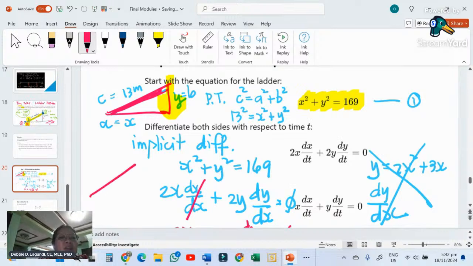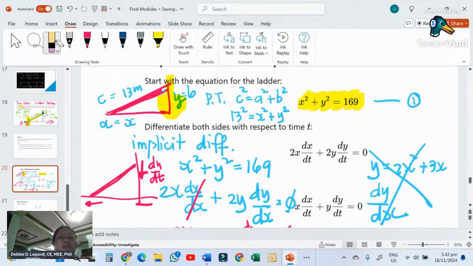So this is the ladder, this is the building, this is the ground. We need to know how fast the ladder is going down. So that is your dy over dt actually. And here is your x going to the left.